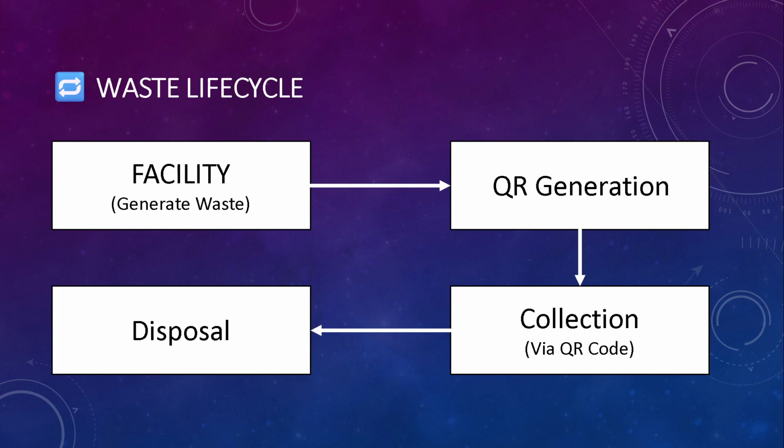Then the collection partner will go to the disposal unit and hand over the waste. Then the disposal unit will make sure that each disposal is verified using the QR code on the waste bag. While the facility generates the waste, they have to stick the QR code on each of the bags or each biomedical waste item that has been assigned.